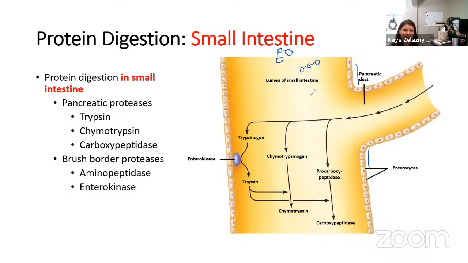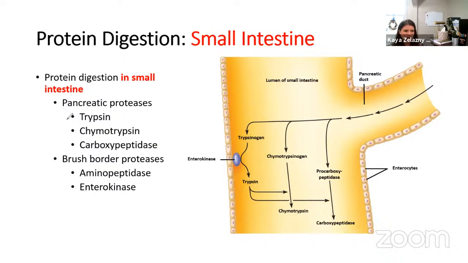So the different enzymes that our pancreas is secreting that allow us to digest proteins. So we have three proteases we're interested in. We have trypsin, we have chymotrypsin, and we have carboxypeptidase. So these are the three pancreatic proteases.